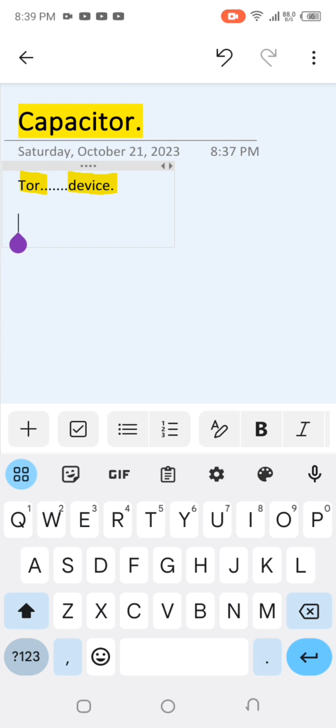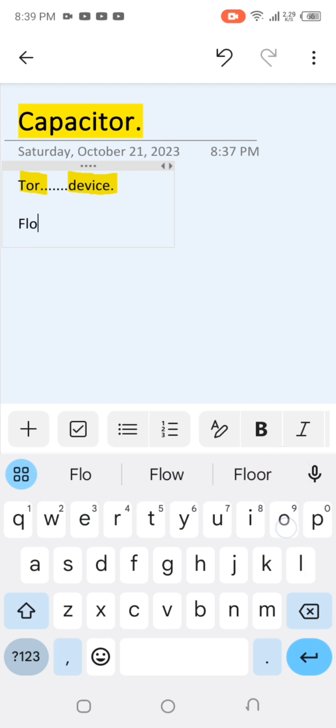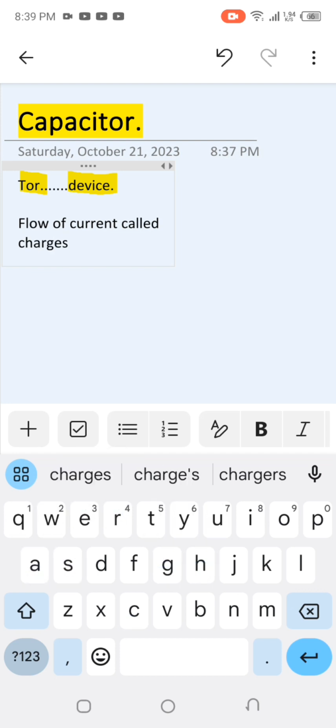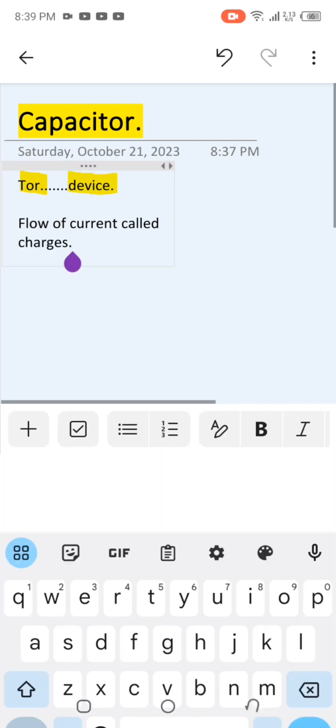Suppose we know what charges are: the flow of current is called charge, or you can say the flow of electrons.